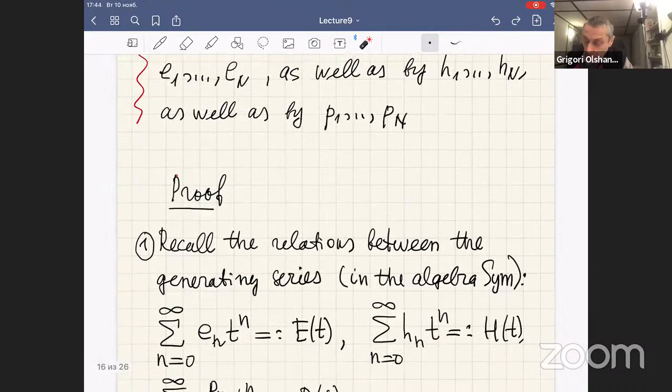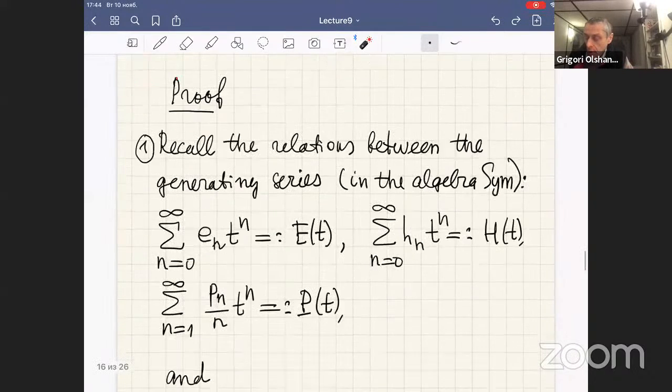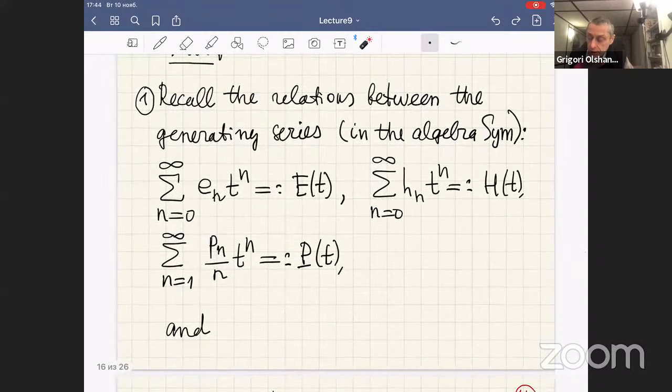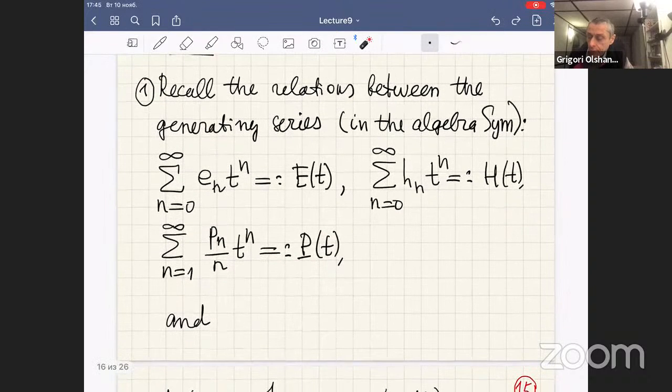Step one. I recall the relations between the generating series in the whole algebra of symmetric functions. We have three generating series for the elementary, for the complete homogeneous, and for the power sums. And we know the relations between these three generating series.